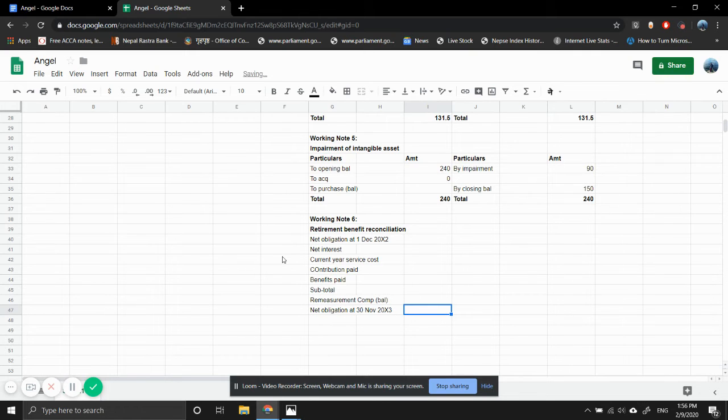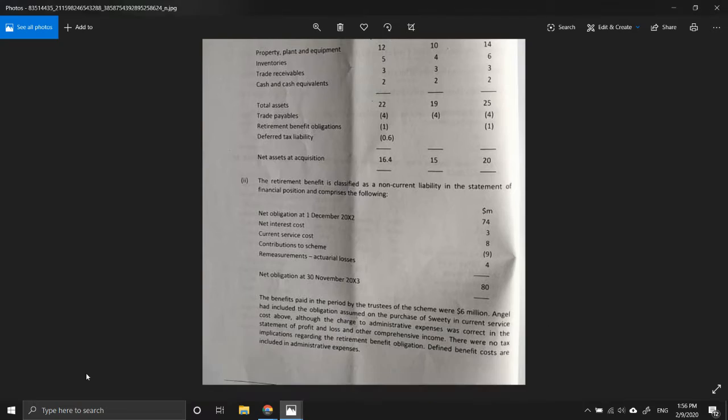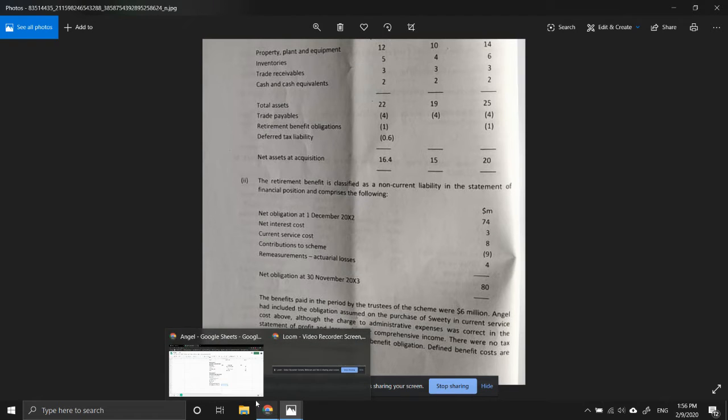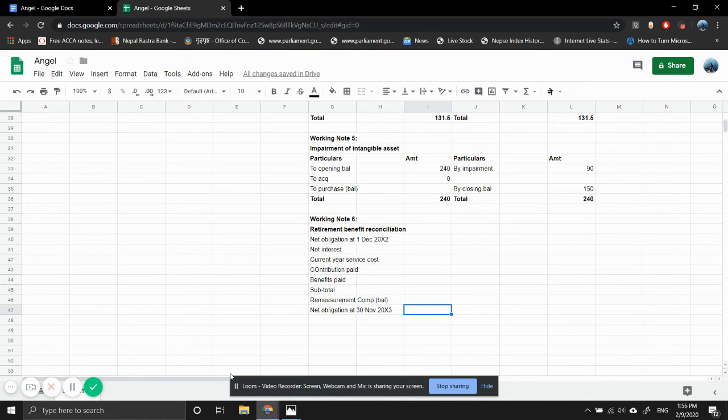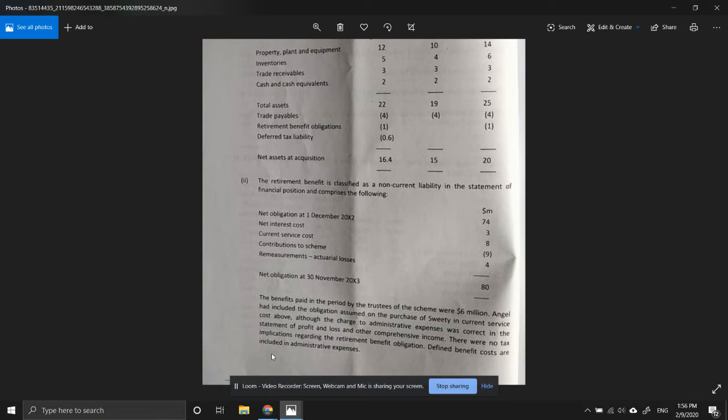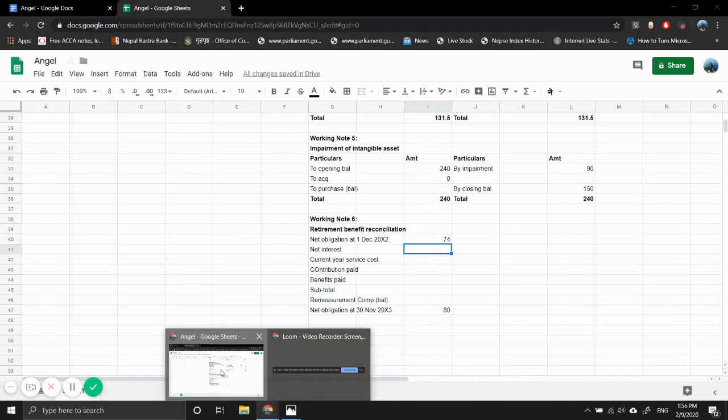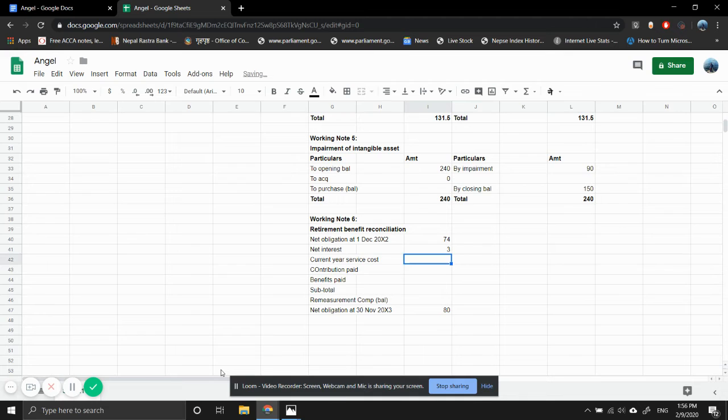So let's put in the values, which is 74 and 80, right? 74 and 80. 74 interest expenses, 3, contribution into scheme, 9, right? So 3, and then contribution into scheme minus 9, so we'll reduce our liability. That's why it's in minus. Benefits paid will be 0 always, no need to worry about it. So total will be over here.